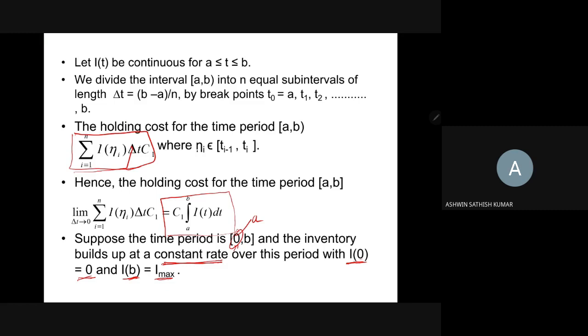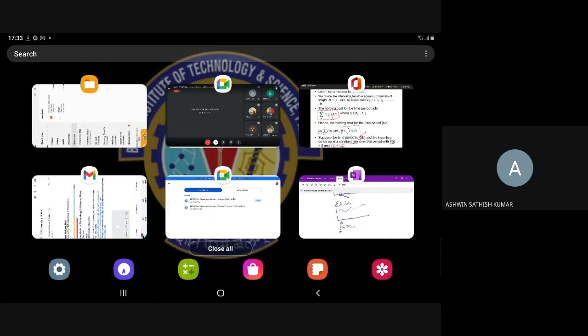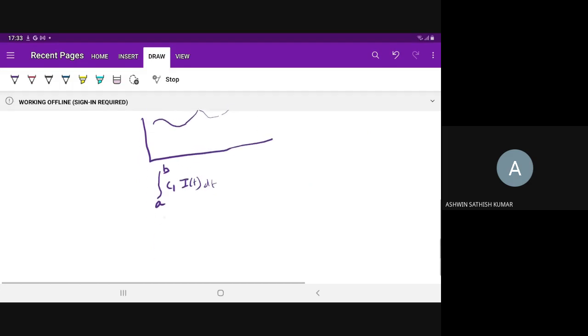When we say the inventory is built up at a constant rate, it means the rate of inventory, di/dt, is given to you as a constant.